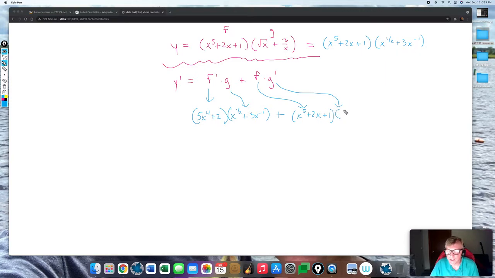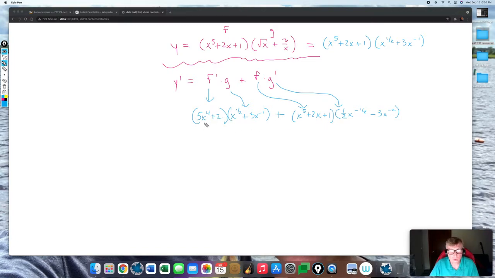That's the reason I did the algebra. So this is 1/2 x to the negative 1/2 minus 3x to the negative 2. Why is it minus, Mr. Molokashka? Because negative 1 times 3 is negative 3. And why negative 2? Because I reduced this by 1. If I subtract 1 from negative 1, I get negative 2. Then, believe it or not, as crazy looking as this is, it's my derivative.